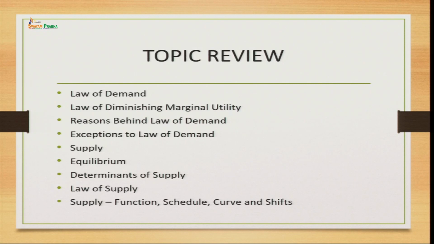So, this is what we have discussed today, and if we revise our topic, these are the headings which we have covered in today's session. We talked about the law of demand, which states that, keeping other factors constant, whenever the price of any commodity increases, the demand for that commodity decreases, and vice versa.